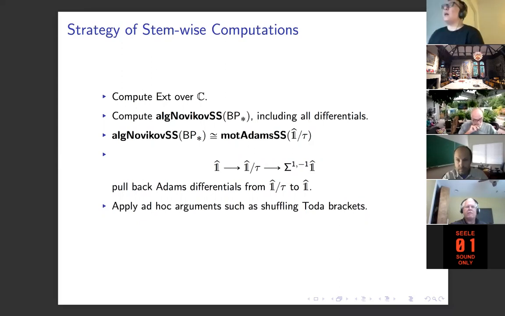Exactly, yes. When we construct a spectral sequence to compute something, it is usually obtained by some kind of filtration, right? So the infinity page of a spectral sequence only gives us the subquotients of the thing we want to compute. But we still need to piece them together to get what we really want.